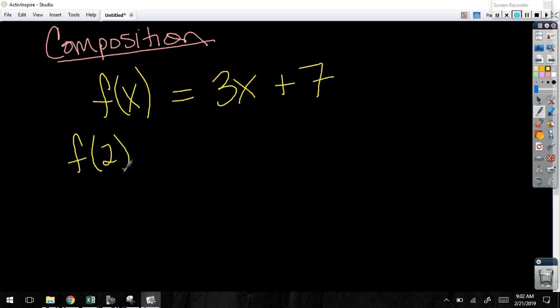You plug in a 2 for x, so everywhere there was an x, I'm plugging in 2. That's 13.